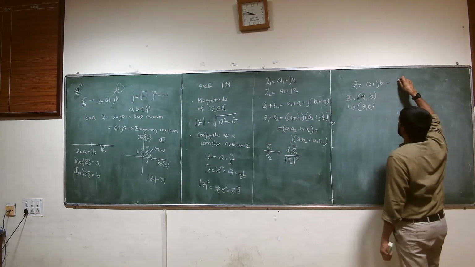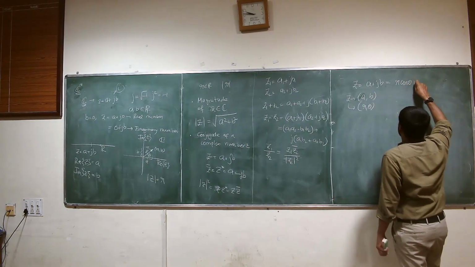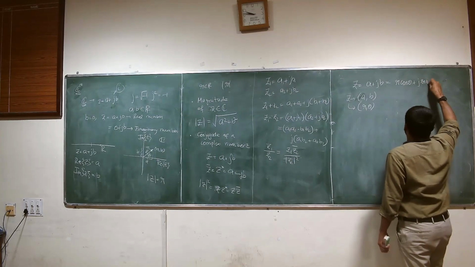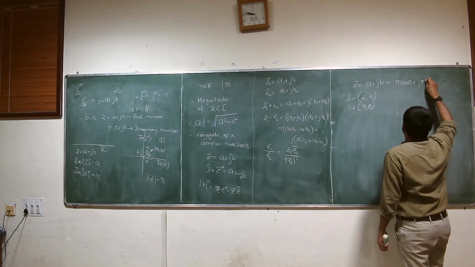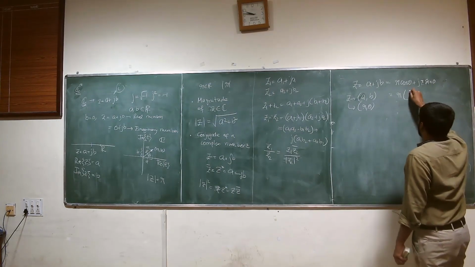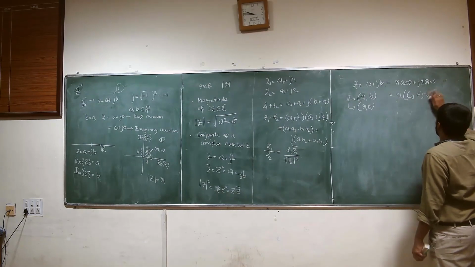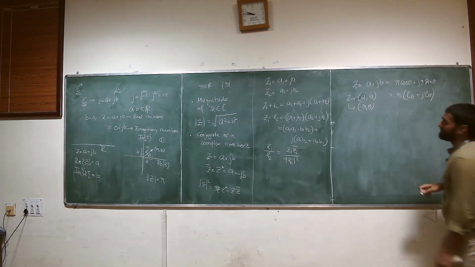In fact, we can represent both a and b in terms of r and theta. What is that? This will be r cos theta plus j r sin theta, or we can write it as r e to the power j theta.